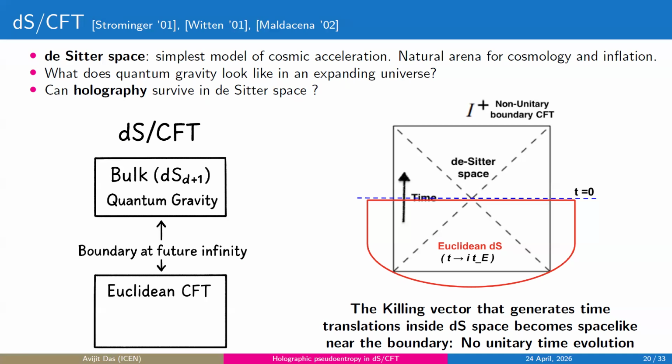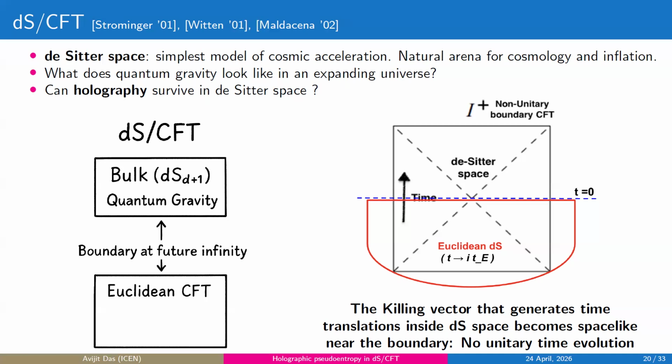You basically take the tau equal to 0 surface, in the middle of de Sitter space, and you Euclideanize the half space. Why do you Euclideanize? Because if you Euclideanize, you can do a path integral and prepare an initial state at tau equal to 0. This is called the no-boundary proposal of Hartle-Hawking. And then you can evolve in Lorentzian time and go to future infinity, to the conformal boundary. So this is the preparation.